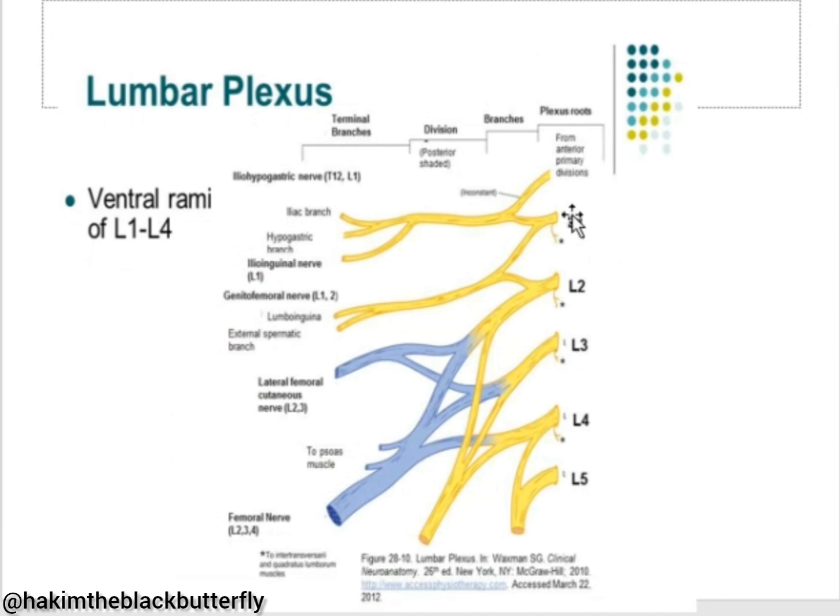So this is the lumbar plexus from L1 up to L4. But L4 has a connection to L5, and you know L5 is part of the sacral plexus. And you can see the different nerves given off by the lumbar plexus, mainly the femoral nerve, which is L2, L3, L4.